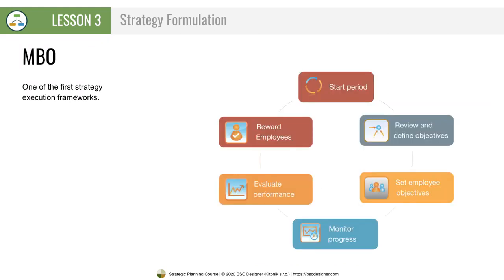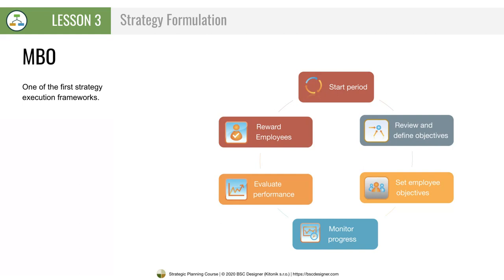Management by Objectives. The Management by Objectives framework, MBO, was one of the first strategy execution frameworks. It's not as sophisticated as Balanced Scorecard or Hoshin Kanri, but on the level of strategy execution, its simple approach adds value.